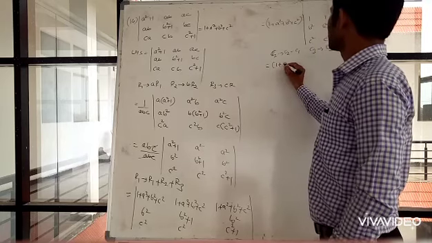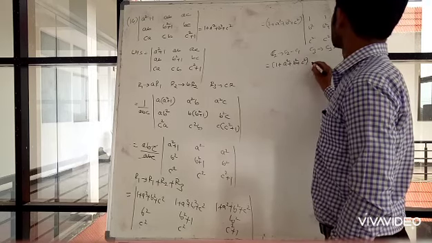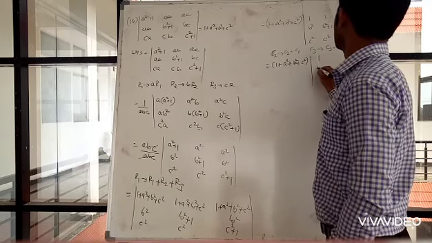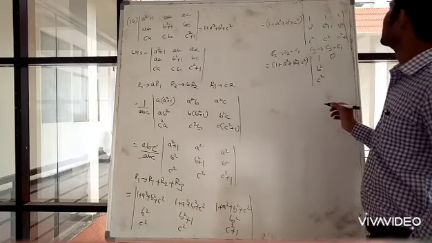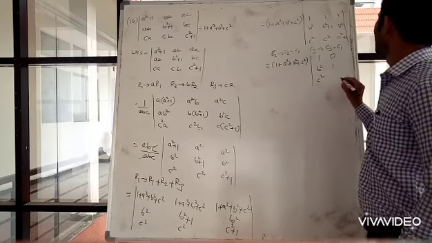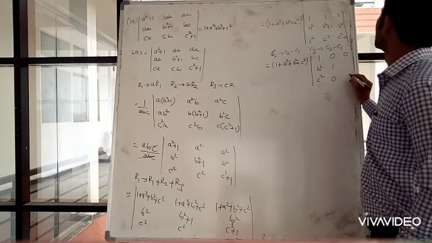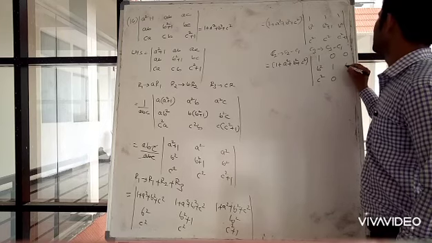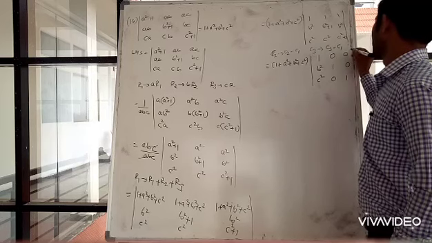So 1 plus A square plus B square plus C square into 1, B square, C square as it is. 1 minus 1 is 0. B square plus 1 minus B square will remain 1. C square minus C square is 0. 1 minus 1 is 0. B square minus B square is 0. C square plus 1 minus C square is 1.